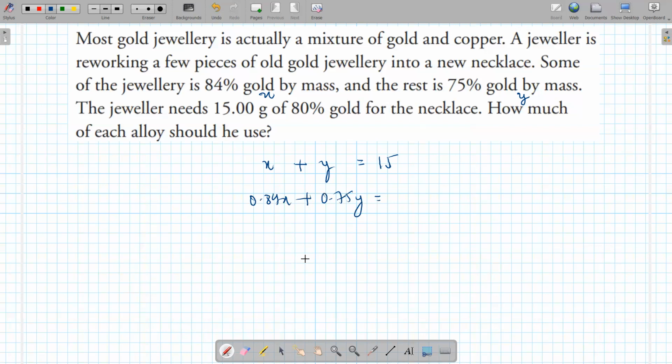So look what you're doing here, okay? I'll give you a hint. Percentage times grams. Percentage times grams, yeah? So that means on the other side of this equation, you're gonna have percentage times grams, like that, okay?